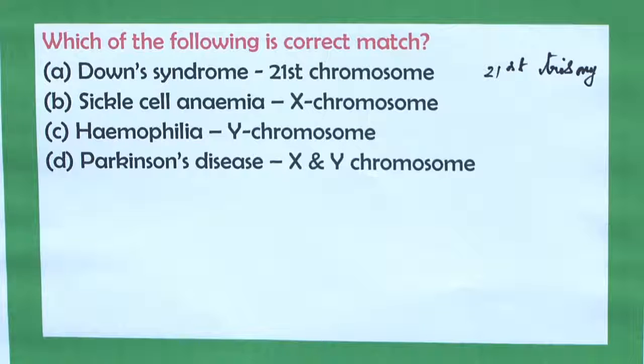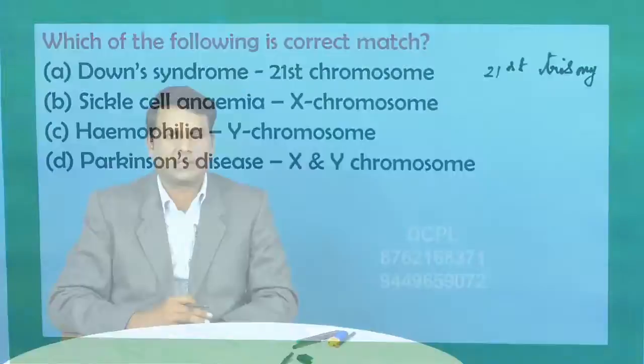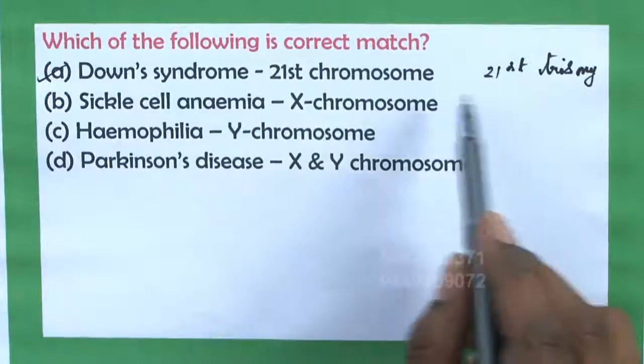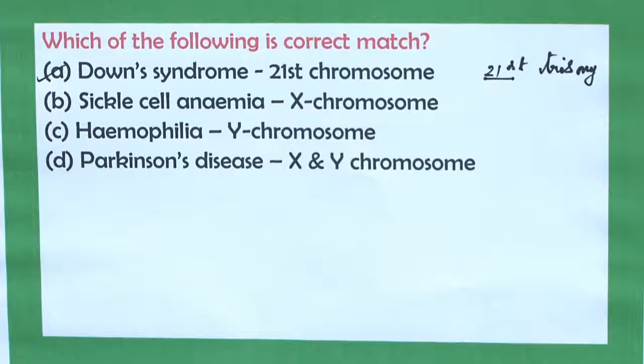Hemophilia is an X chromosome disorder, not a Y chromosome disorder. And Parkinson's disease is neither an X nor a Y chromosome disorder, it is a neurological disorder. So when you consider all 4 options, option A, Down syndrome, is associated with trisomy 21, that is an extra chromosome present at the 21st pair of chromosomes.